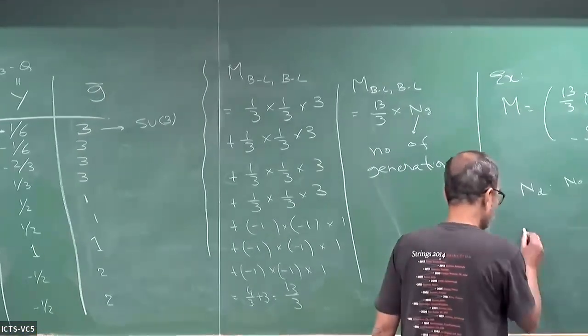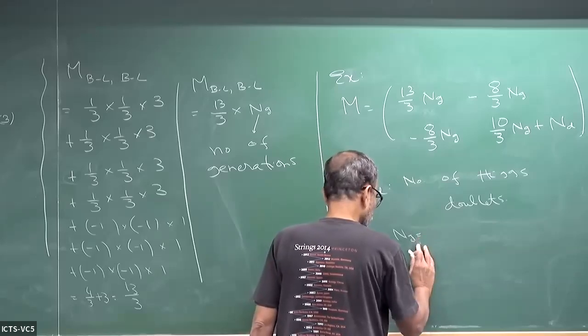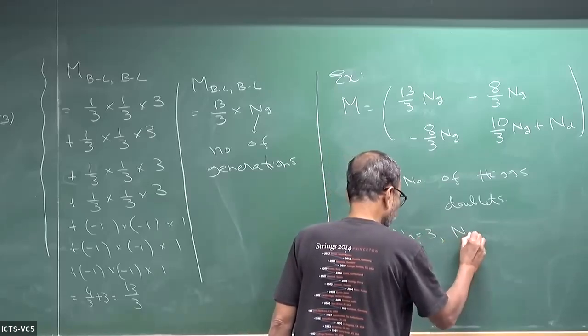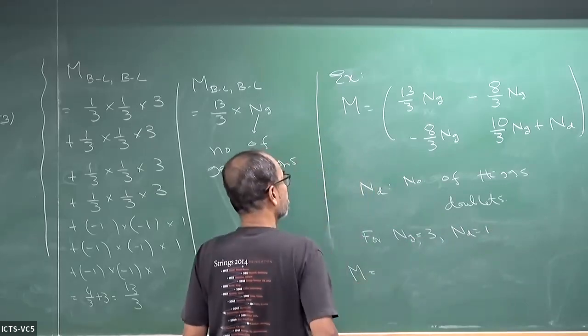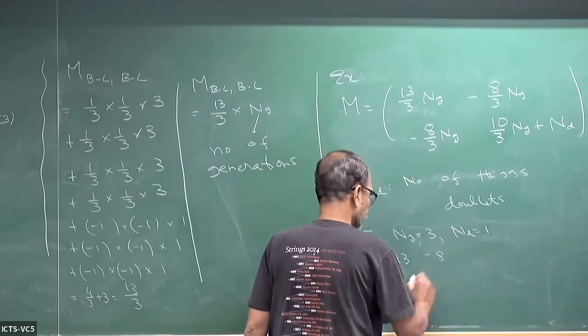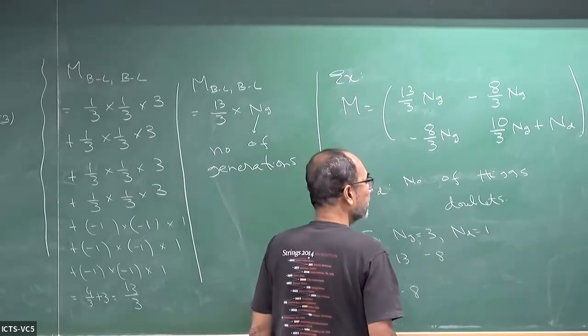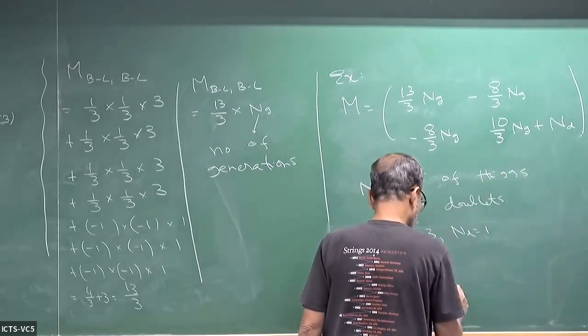So for Ng equal to 3 and Nd equal to 1, we get M as 13 minus 8 minus 8, and this is 10 plus 1, 11.